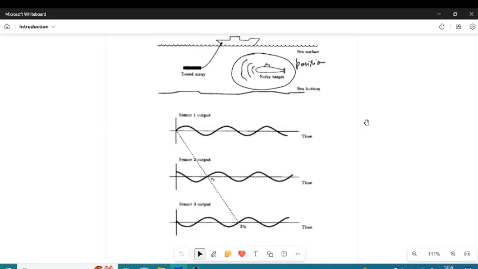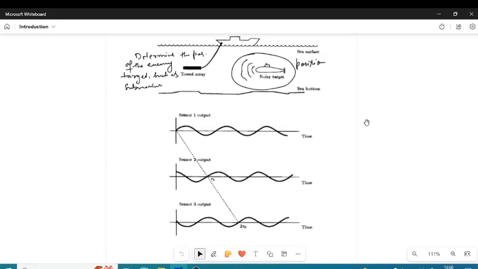We have a ship here, and an array of sensors is connected to this ship. The objective is to determine the position of the enemy target, such as submarines.